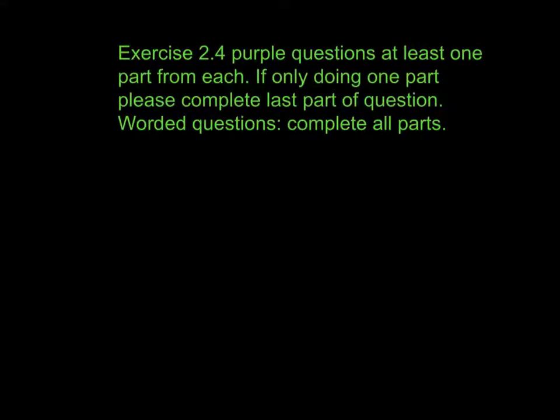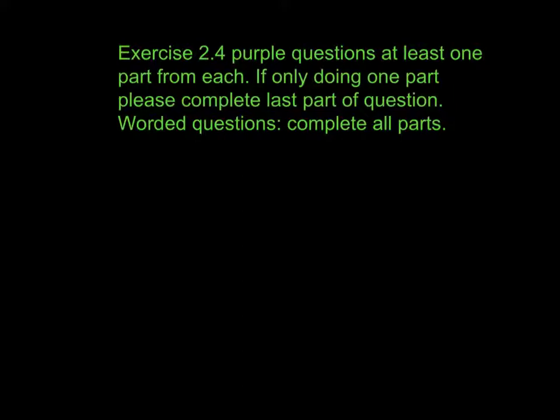Okay, so now I think it's time to do some practice. If you're not sure about any of the questions or you're having trouble, make sure you go back and do the easier parts. But if you think you're just going to blitz through it, because this is stuff that was revision, all I want you to do is just one question from one part from each question.